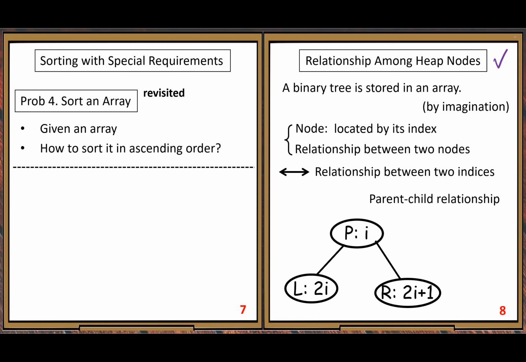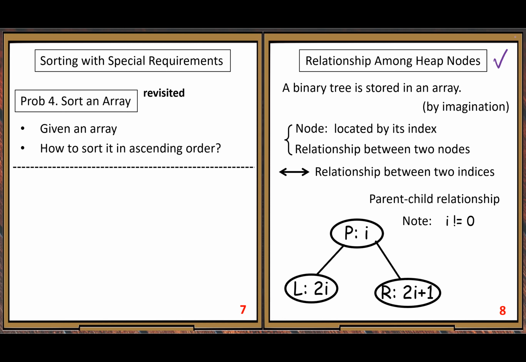Now, think about whether that idea works or not. Here, I cannot be 0. If we define the relationship in this way, we do not allow index I to be 0. The reason is simple.